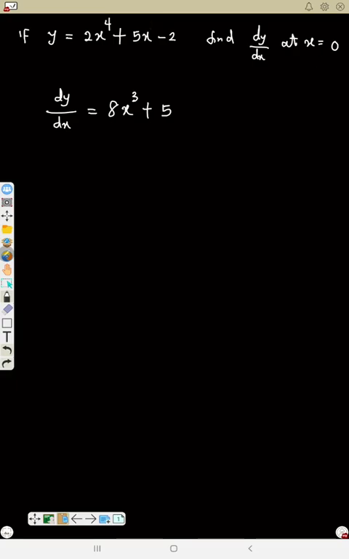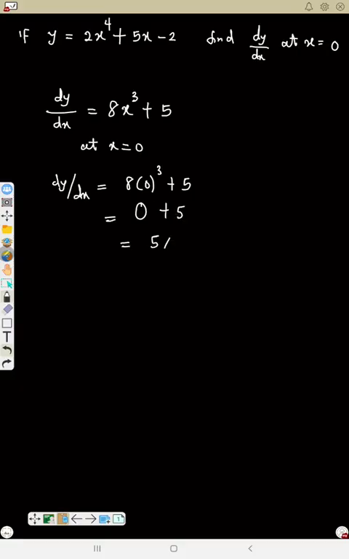So at x equals 0, now anywhere you see x, just put 0. So dy over dx will be equal to 8 brackets 0 raised to power 3 plus 5. Now 0 raised to power anything is 0, so everything here is 0, then plus 5.